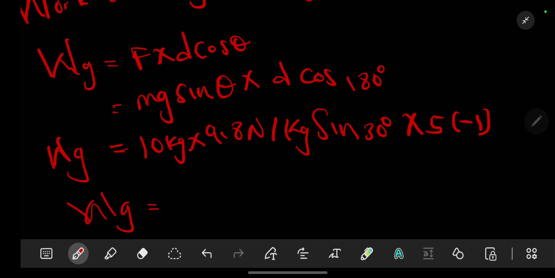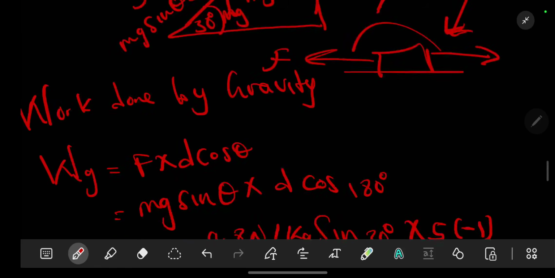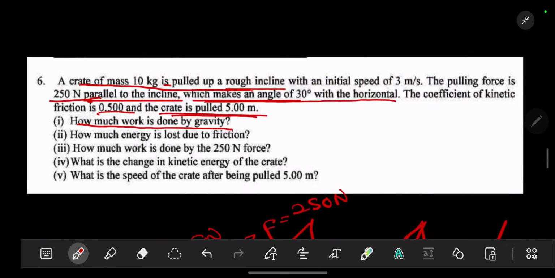What we are going to get is a negative 245 joules like that. So work is measured in joules. So this is basically how you calculate that.